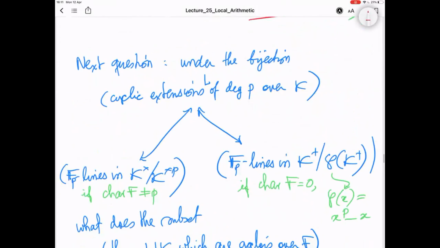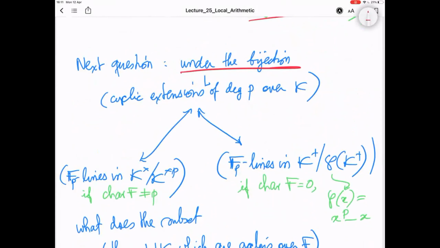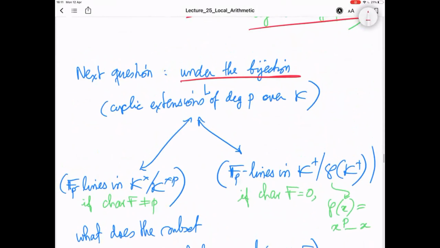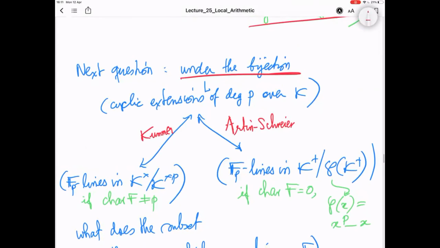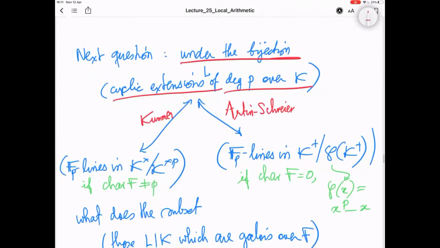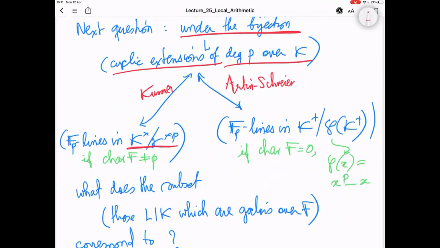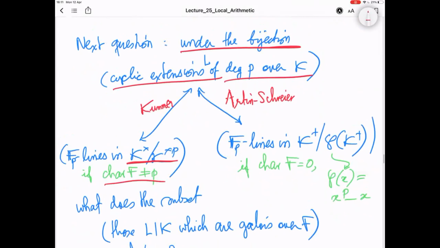Okay, so our next question will be that we have this bijection, coming from Kummer theory or from Artin-Schreier theory, a bijection between the set of all cyclic extensions of degree p over K with F_p lines in K star modulo K star to the power p, if the characteristic of F is different from p, because K contains a primitive pth root of unity.